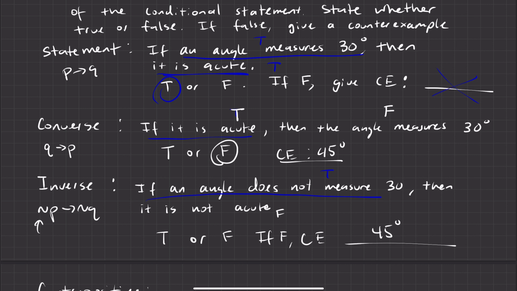Okay, so let's look at this. So if an angle does not measure 30 degrees, which is 45, so if it's 45, does it mean it's not acute? No. It means it is acute, right? So this statement is false, and therefore the conditional statement is false. Okay?